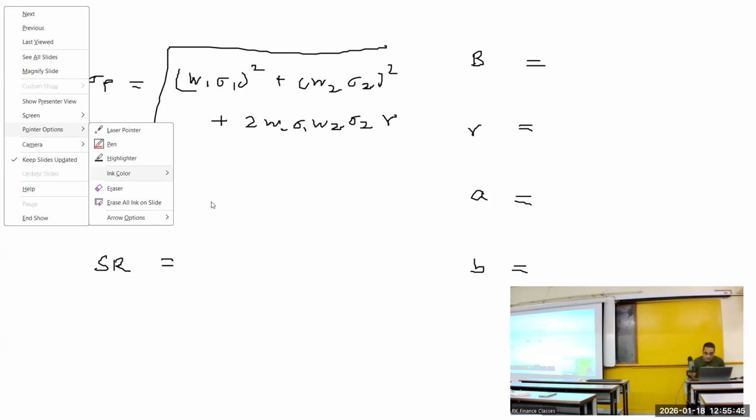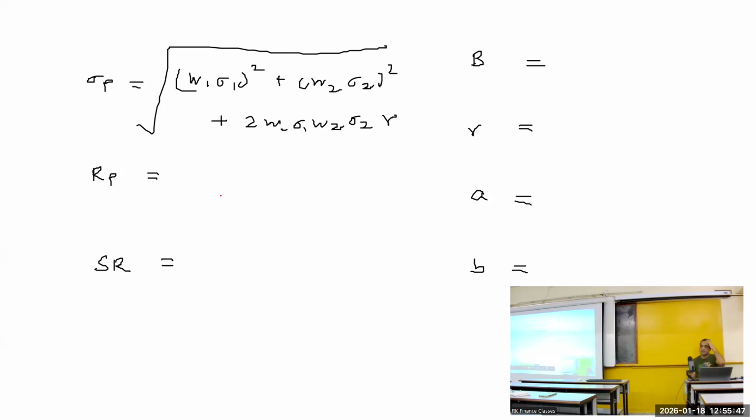Yeah, Rishabh, formula for beta: covariance of stock and market divided by variance of market, sigma m square. And other formula? R into beta. R into sigma stock divided by sigma m. R into standard deviation of stock divided by standard deviation of market.